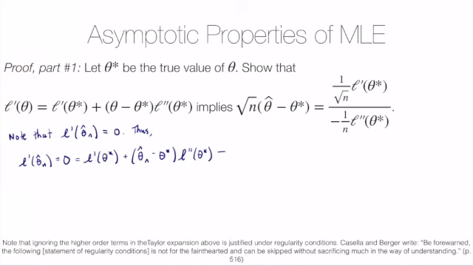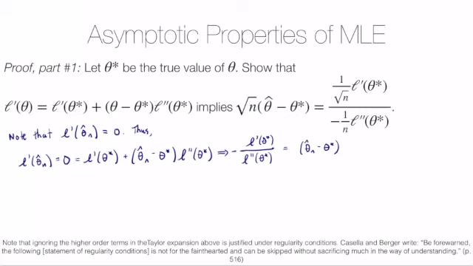So this should imply that the negation of the derivative of the log likelihood evaluated at the true value, divided by the second derivative of the log likelihood evaluated at the true value, is equal to the MLE minus the true value. I kind of blocked out the negative sign here, so let me emphasize that.